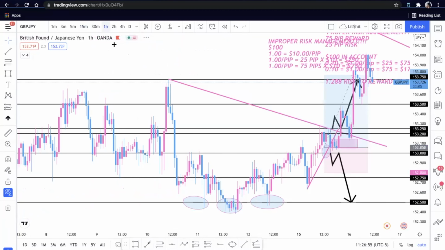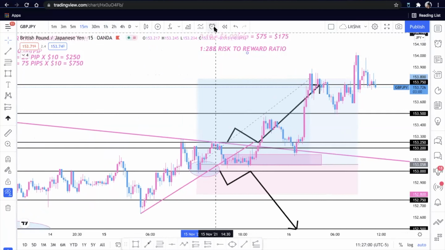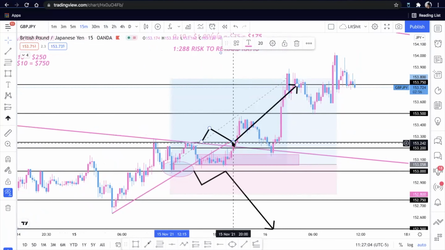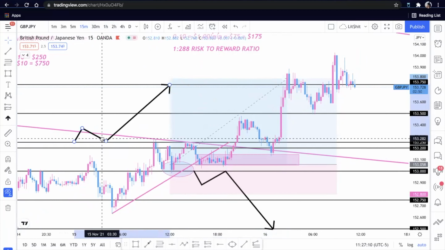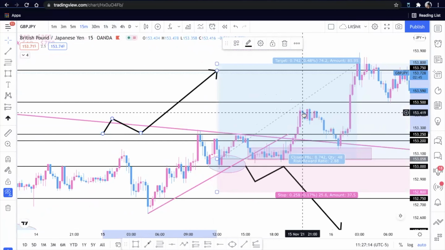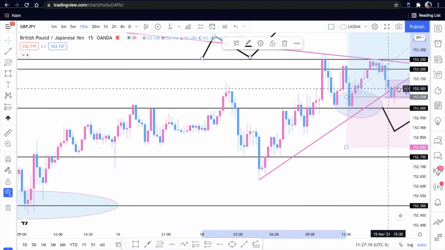Okay, so let's see. I'm trying to get these words out of the way so it's not too crowded. I'm going to move this over so you can see. When we left off, the market was doing something like this.